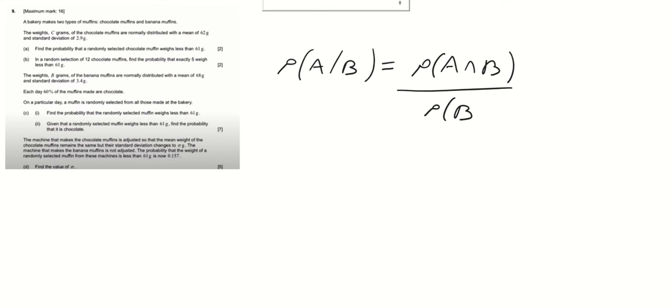B is what is given, the given event. So given that it weighs less than 61, we need to find the probability that it is a chocolate. So that it is C.